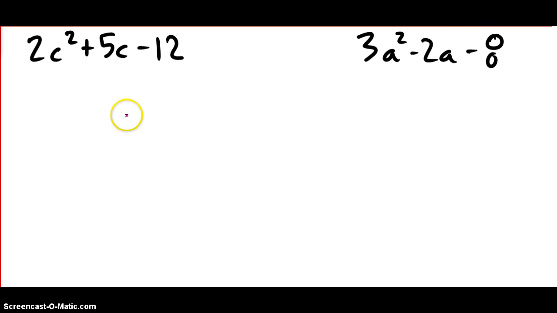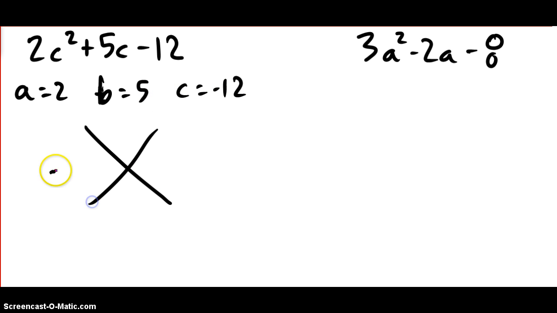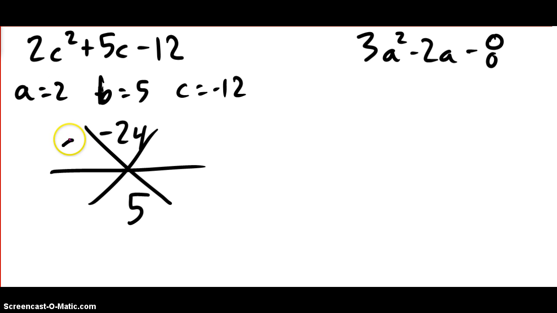Okay, so I'm going to do mine here, b equals 5, c equals negative 12. And notice how I fill this in. A times C. Notice the top isn't negative 12 because it's 2 times negative 12. So the top is negative 24. The bottom is 5. Notice here is 2 times c. Okay, so what times what is negative 24 that adds to 5?